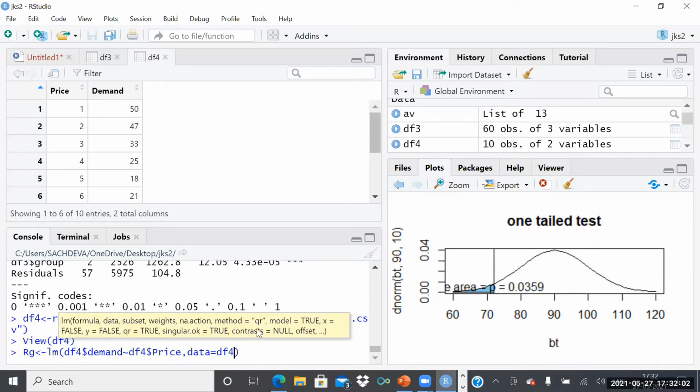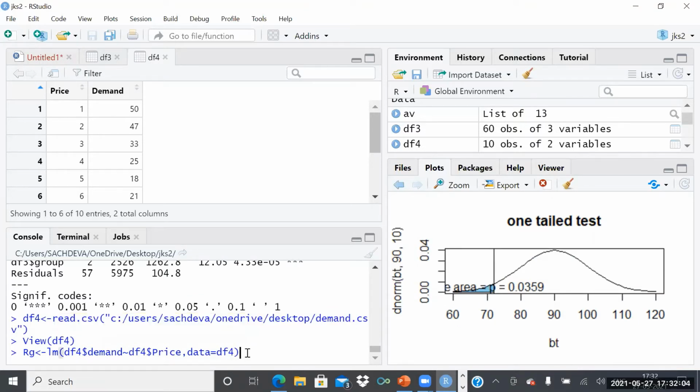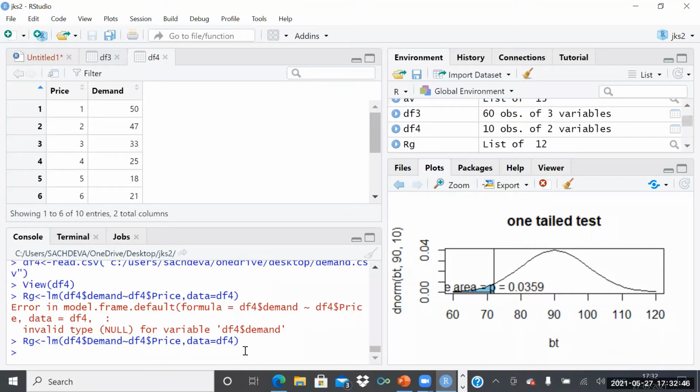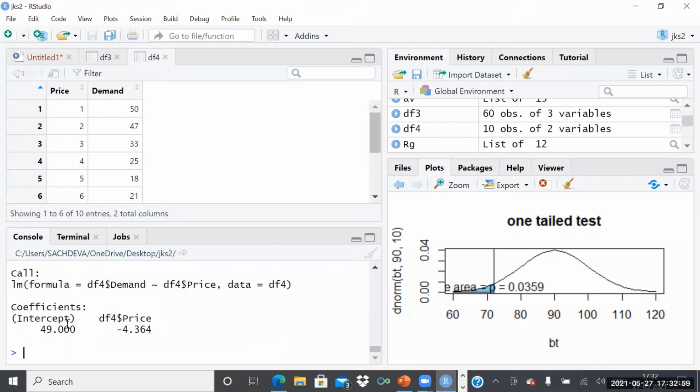Now let us see whether I have made any mistake in writing. Oh, okay. Demand is, let us see, because R usually creates problems with capital letters. And you are right, so Demand is capital. Now we can simply say RG. It will tell you the intercept.